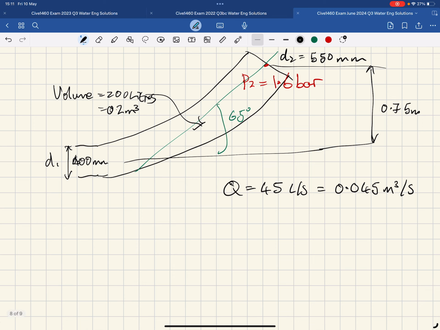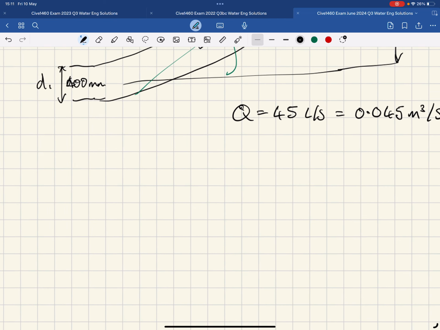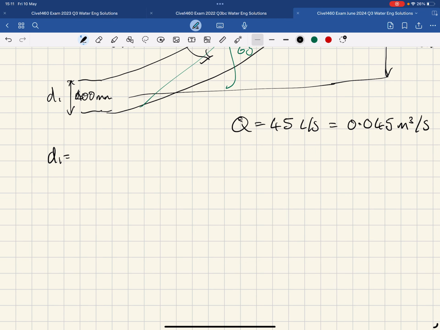Okay, right, first things to do is the fundamental calculations that we're going to use later and get the units right. So we have D1 equals 400 millimeters, which equals 0.4 meters. We're going to need the area, so A1 is pi D1 squared over 4. That works out at 0.1257 meters squared. I'm going to do all these calculations to 4 significant figures.